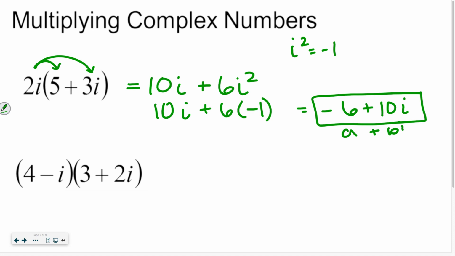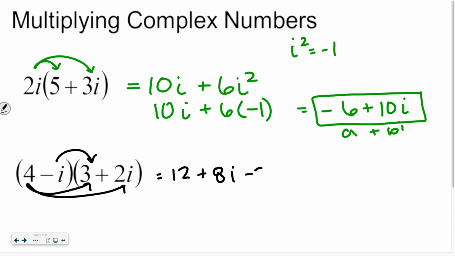Okay. And so if we did that last example, we would have to work through the whole FOIL, right? 4 times 3 is 12. 4 times 2i is 8i. Negative i times 3 is negative 3i. I'm just treating it like an x at this moment. I've been doing this since Algebra 1. And negative i times positive 2i, that's negative 2i squared.